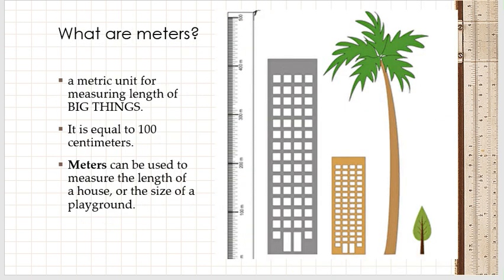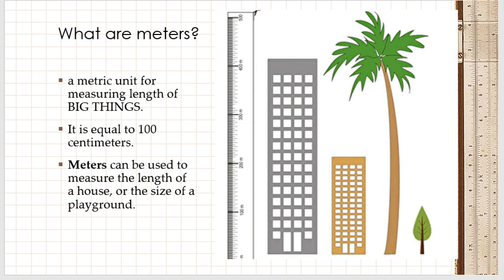Now meters, they are also a metric unit for measuring length, but of big things. A meter equals 100 centimeters. Meters can be used to measure the length of a house or the size of a playground, how tall a tree is, how tall a building is. There are lots of big things that we can measure using a ruler.